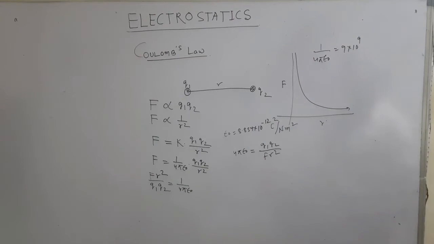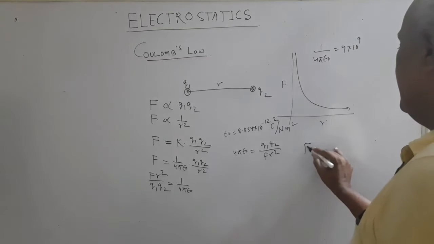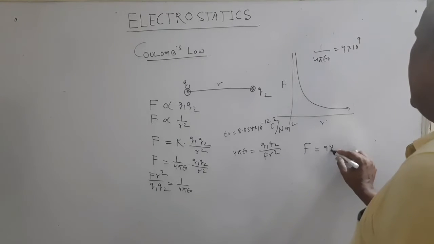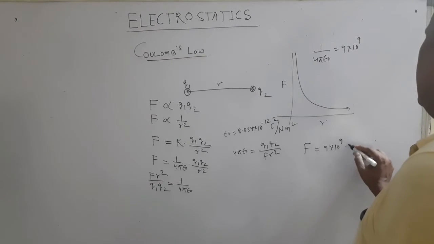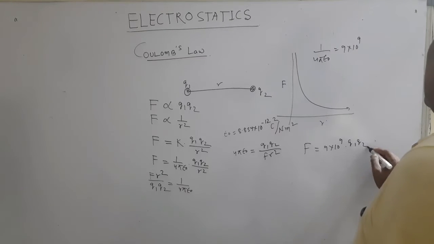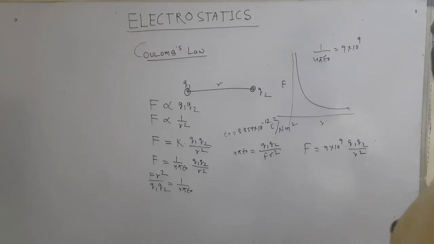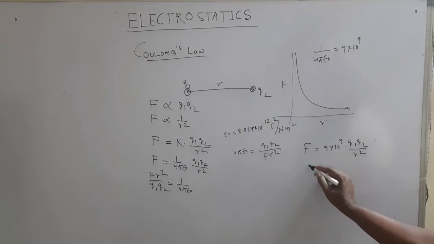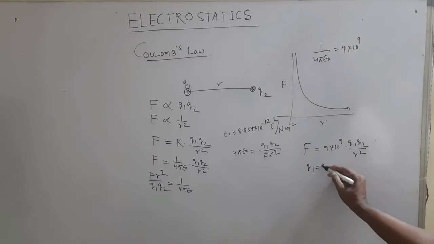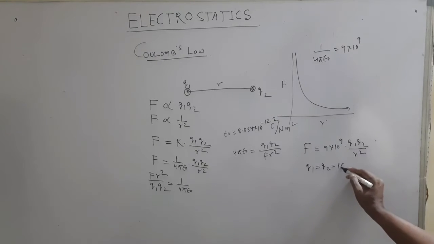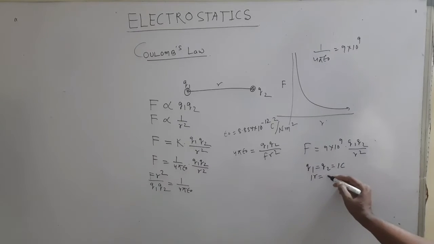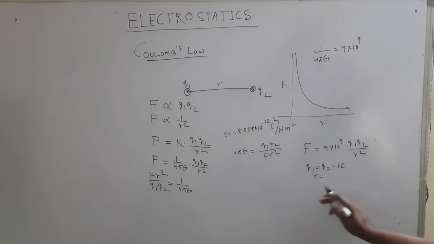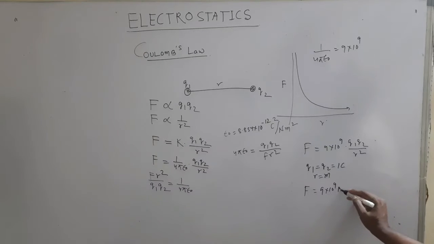So you can say that your force F is 9 into 10 to the power 9 Q1 Q2 over R square. Now just assume that these two charges Q1 and Q2 both are of magnitude 1 coulomb, so Q1 is equal to Q2 and that is 1 coulomb, and the distance of separation R is 1 meter. Then F becomes just 9 into 10 to the power 9 Newton.